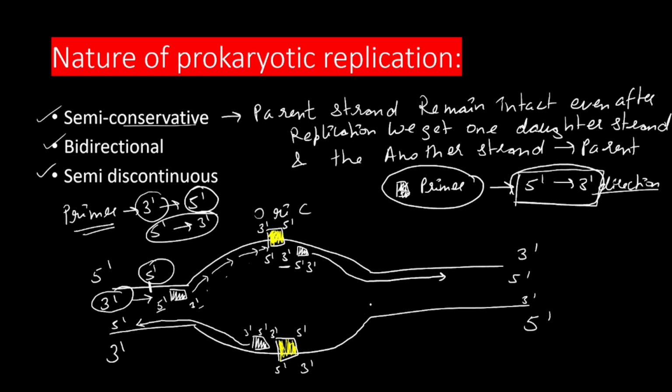But in this one case also, the primer will attach over here and will synthesize the DNA which will be discontinuous. So primer will be 5 prime to 3 prime. So in this case we get two type of strand. One is lagging strand, and another one is a continuous strand.